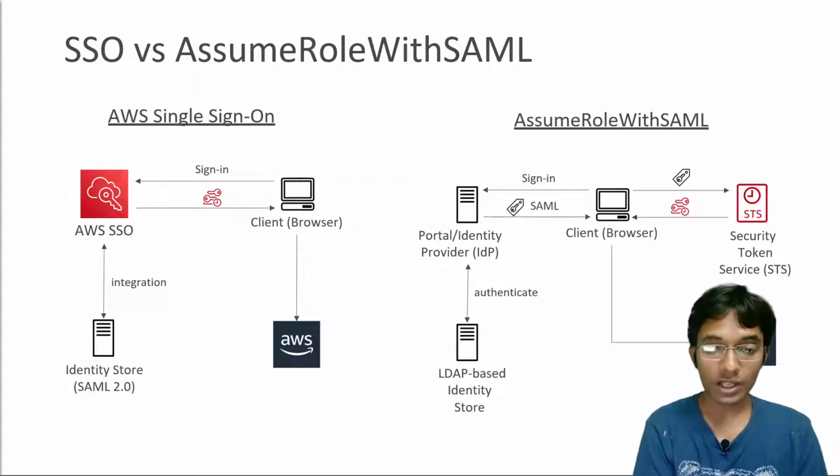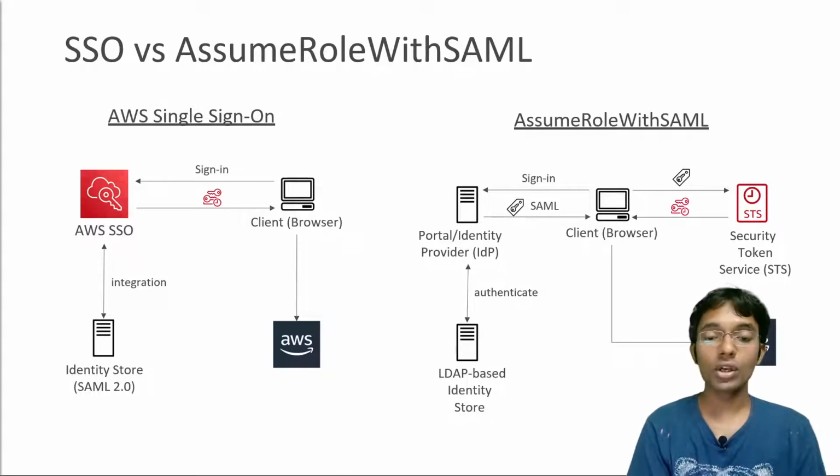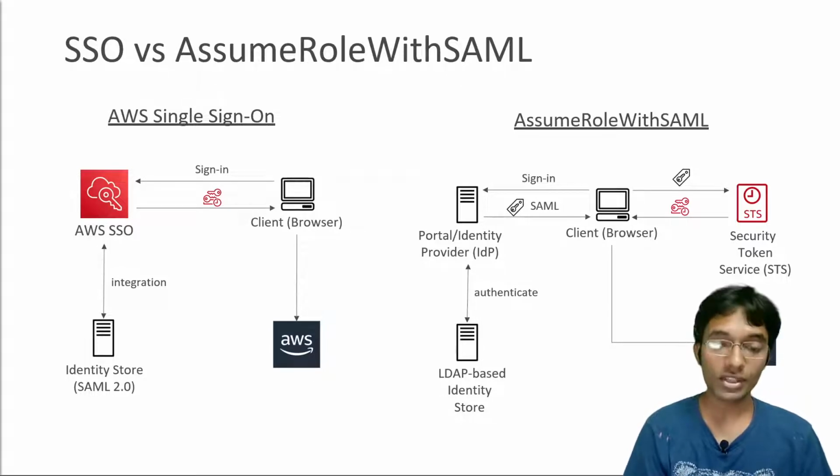So single sign-on is really acting as your own identity provider, your own portal, and SSO will perform the heavy lifting of talking to the STS service. So it's much easier to set up, and having used it, I cannot live without it now.